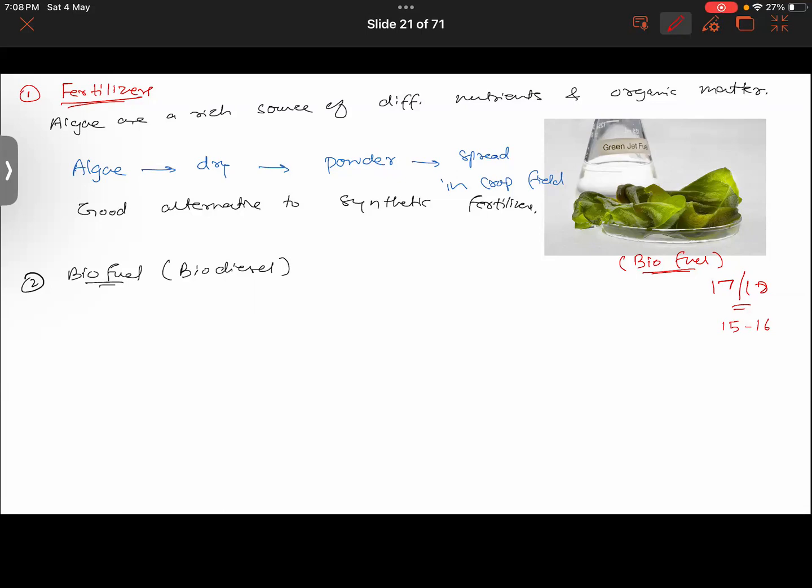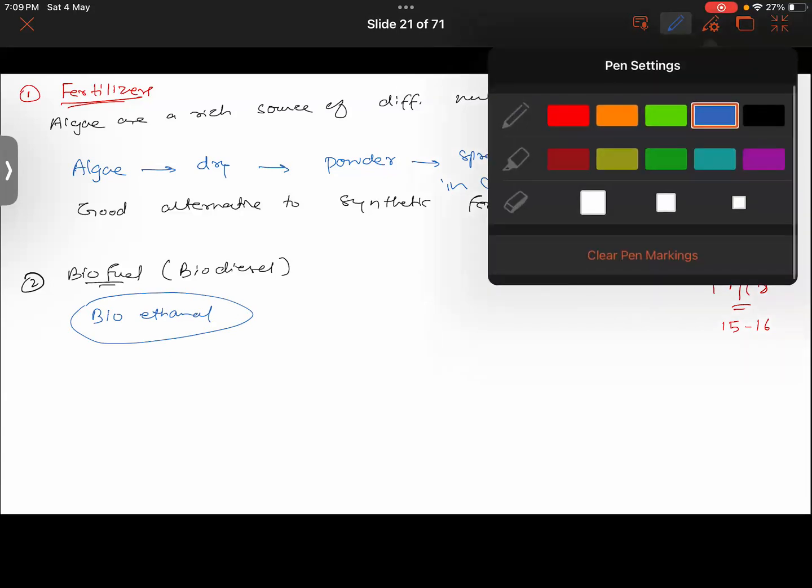So you would be using those wastes from the farmland and the algae, and you would be taking those kinds of food which consist of sugar in it. Using all this, we would be preparing a substance called bioethanol. So bioethanol is prepared in this process, and thereby it is further used as a fuel.